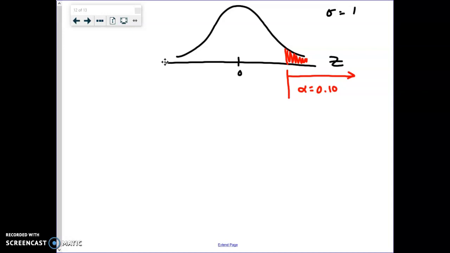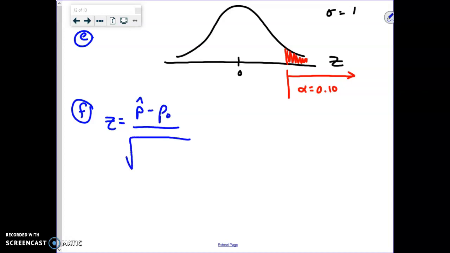So let's calculate our test statistic now. By the way, this is part E. If you chose to do it, part F would be to calculate the test statistic. So our test statistic is our sample proportion minus our hypothesized proportion, all over the square root of our hypothesized proportion times 1 minus our hypothesized proportion, all over n, and you take the square root of that.